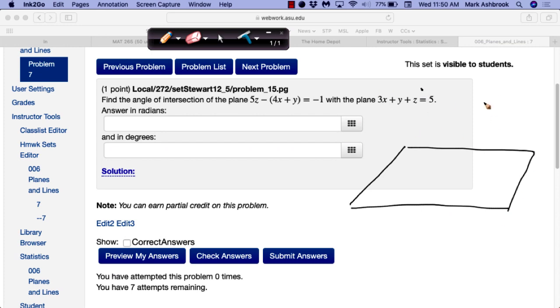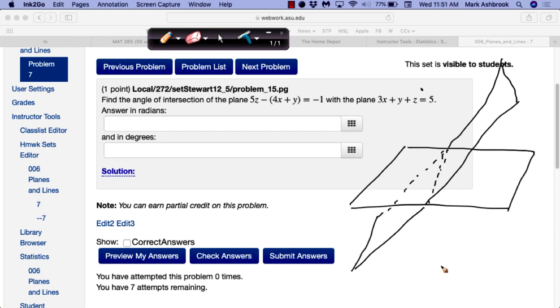And say... Well, that's the best and the worst set of intersecting planes I've drawn today.